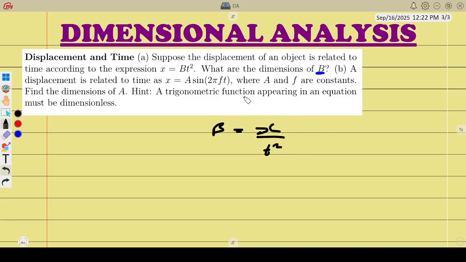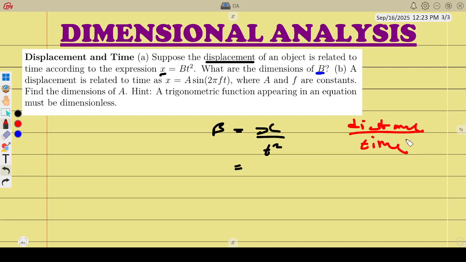So x is what? x is the displacement. They say, suppose the displacement of an object x is equal to b t squared. So x is the displacement, meaning x is distance, and t is time, you already know.